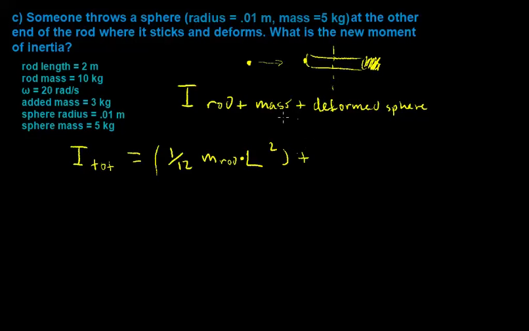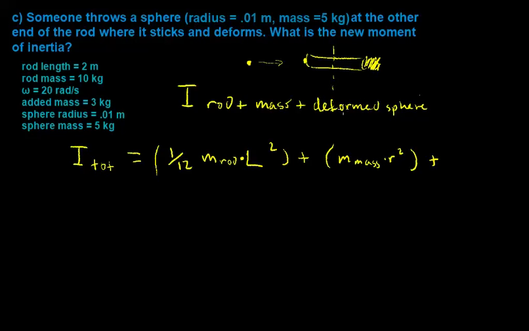And then we have the moment of inertia of our mass from before, which was the mass times the distance from our mass to the axis on which the rod and the mass spin, squared.